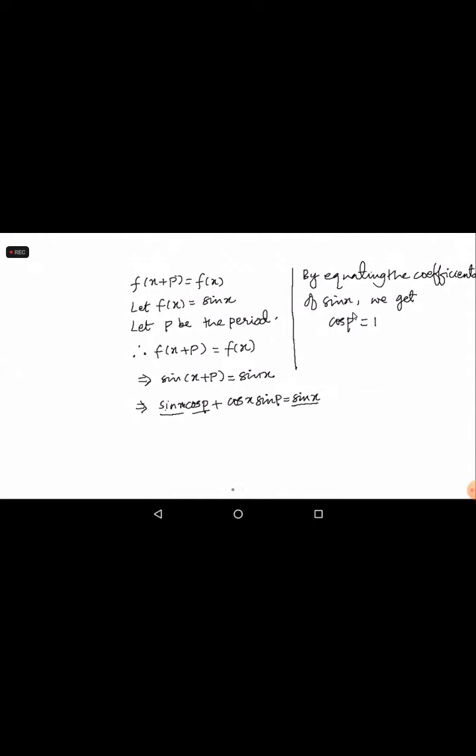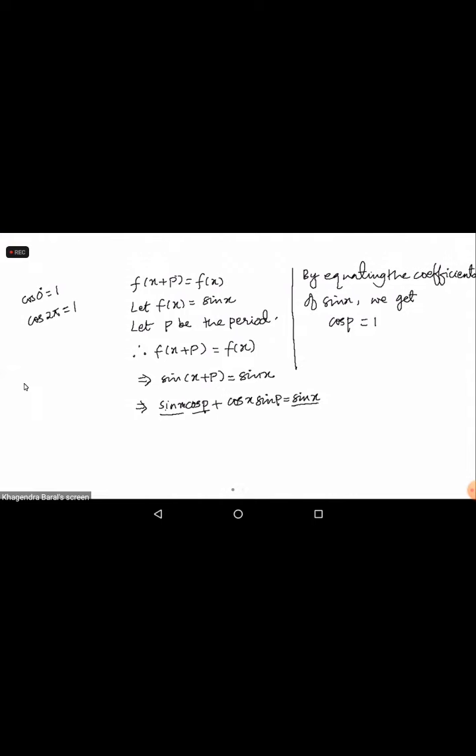Positive value of P is like cos 0 degree is 1, but it is not possible to take 0 degree, and after this we get the value of cos is 1 at 360 degree, that is cos 2 pi, or you can say 360 degree is equal to 1.